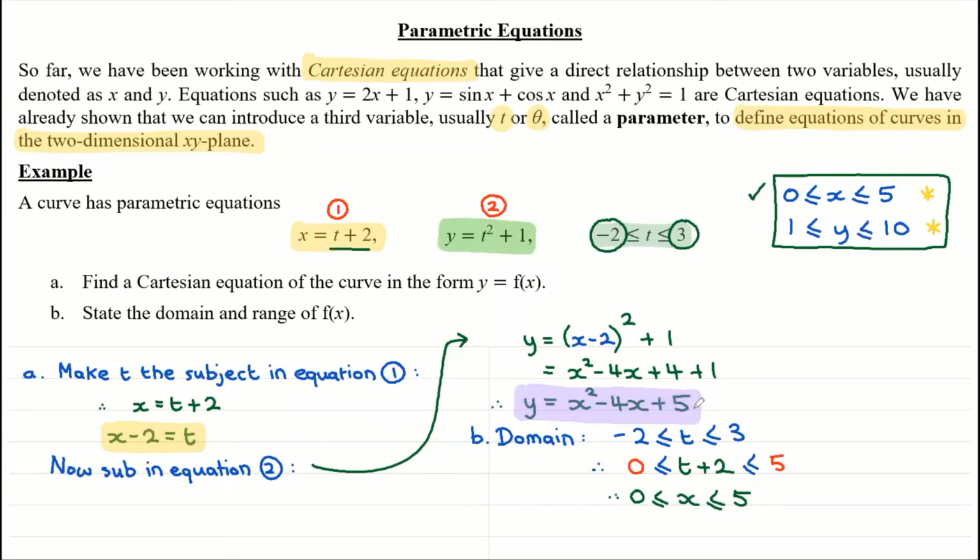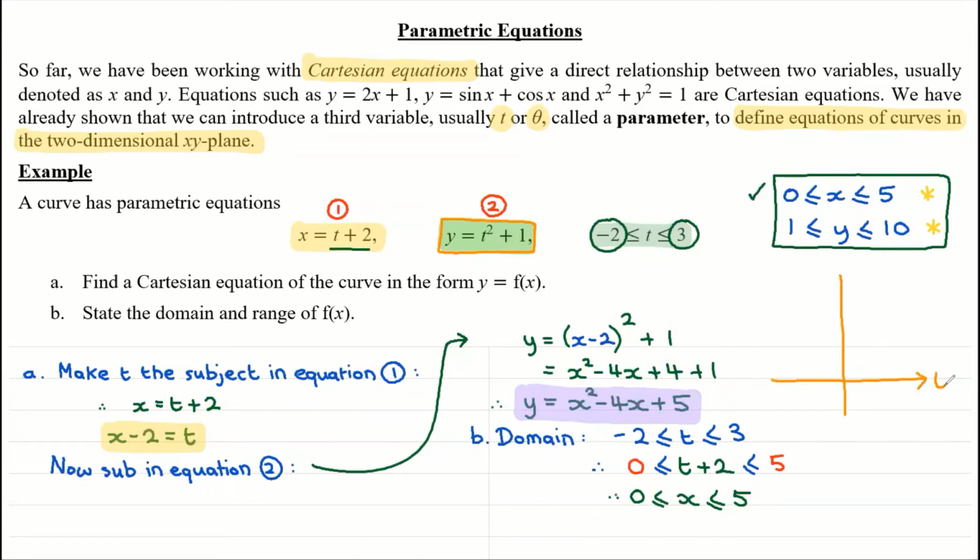Alternatively, because we're dealing with parametric equations, we've got this form of y right here, which I'm just going to draw your attention to. So we have t squared plus 1. So we could actually sketch y as a function of t instead. Now, if we do that, that's a really simple sketch. So it's just one transformation only.